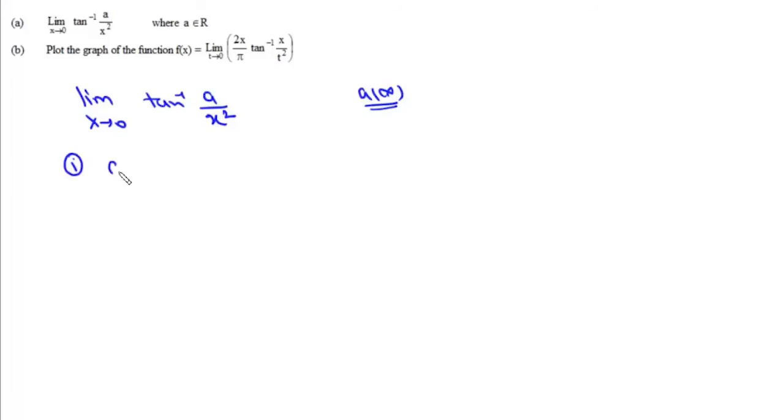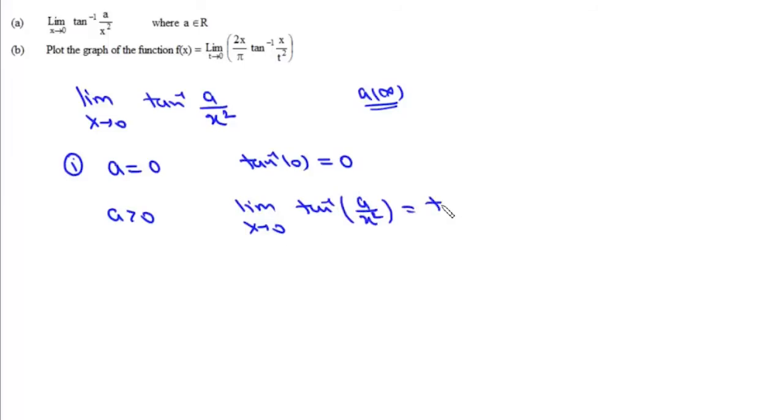Case 1, if the value of A is 0, then in that case it will be simply tan inverse 0, which is 0. If A is greater than 0, then this limit x tends to 0, tan inverse A upon x square will be equal to tan inverse infinite, and tan inverse infinite is pi by 2.